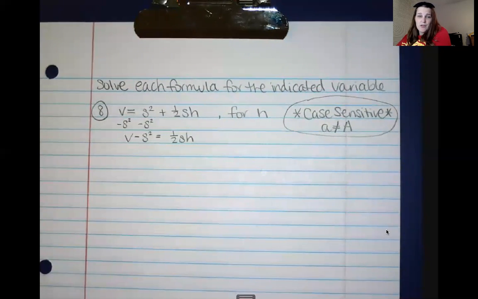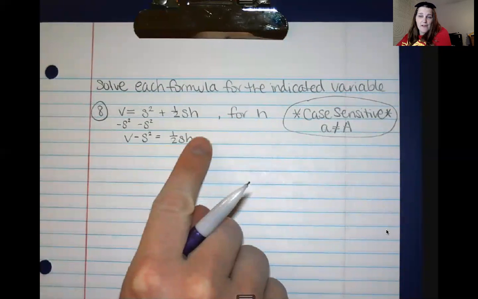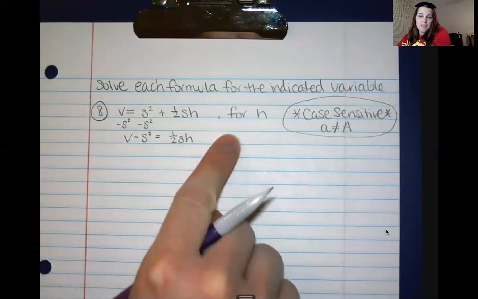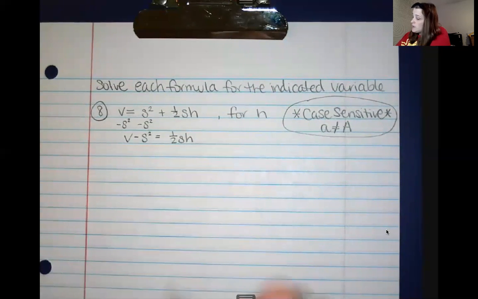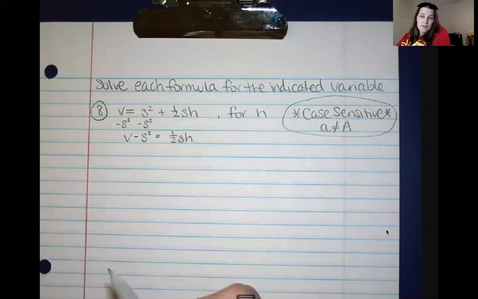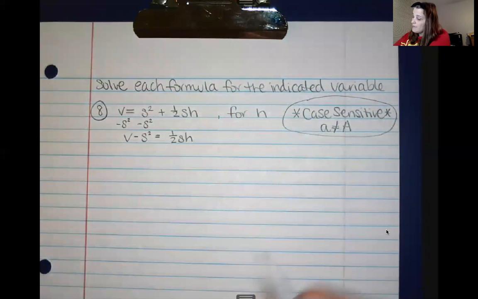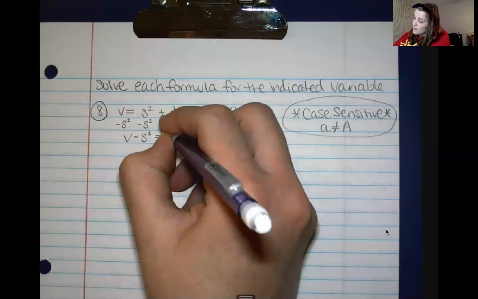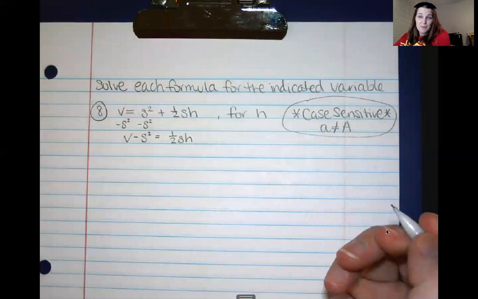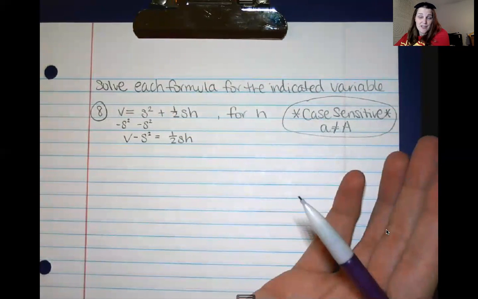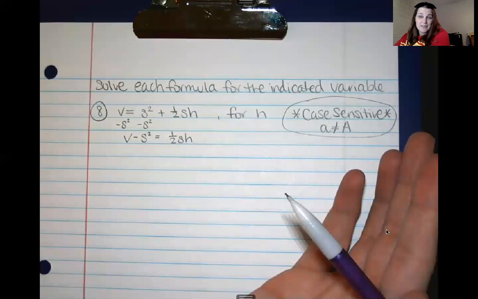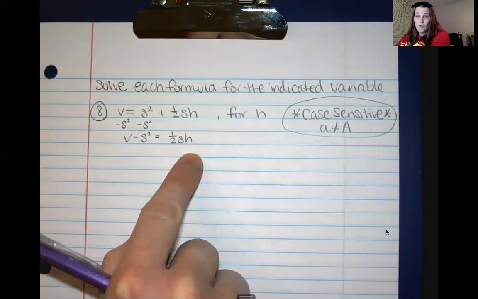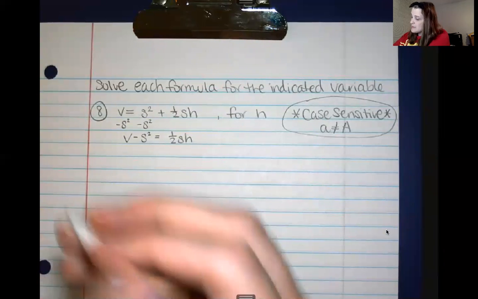Okay, so now I have a half and an S applying to the H that I don't want. So typically you would want to get rid of any fractions or denominators. Okay, so with 1/2, to get rid of a fraction, remember, you would divide it to the other side since it's being multiplied, or you could multiply by the reciprocal.